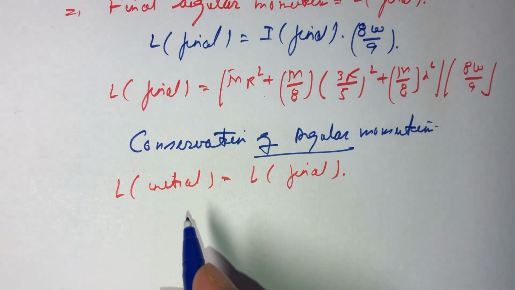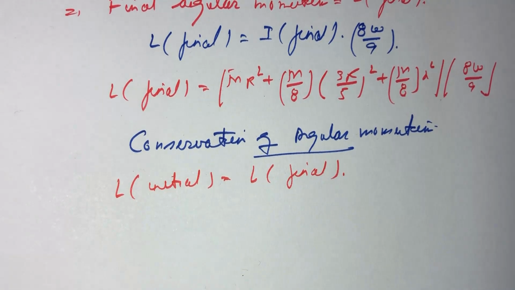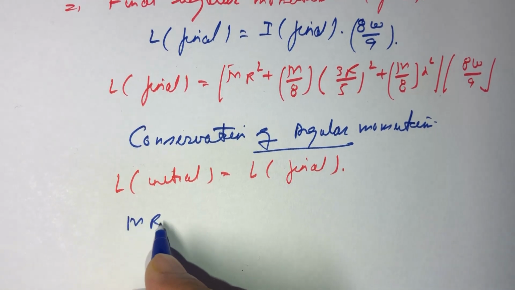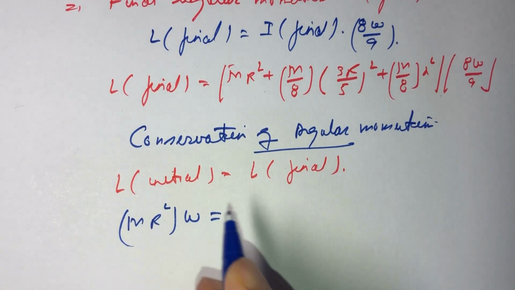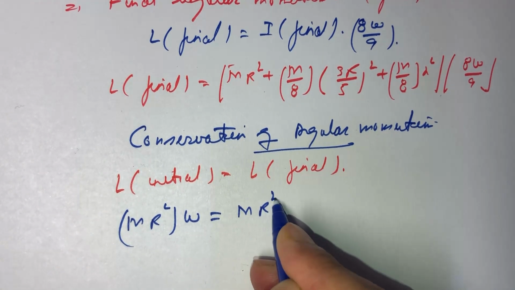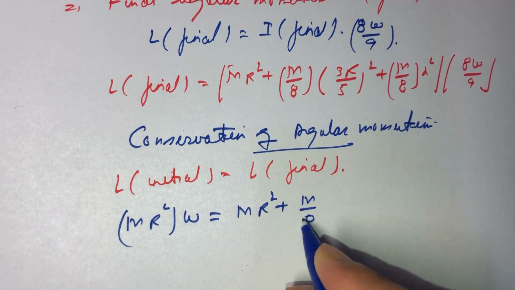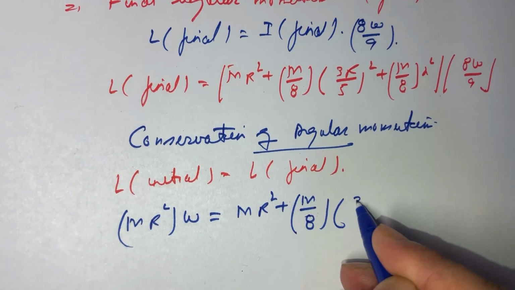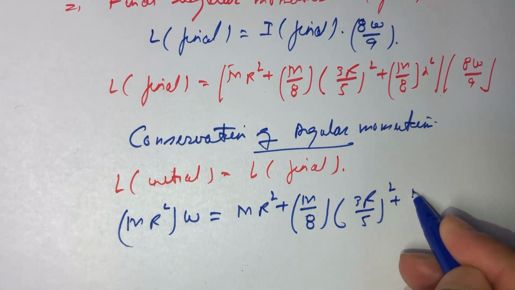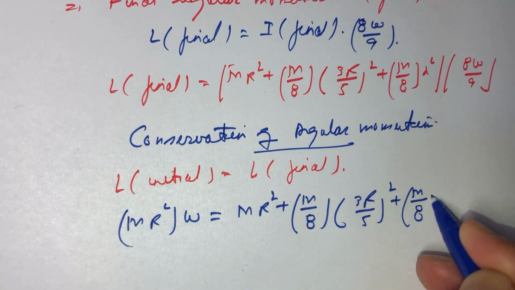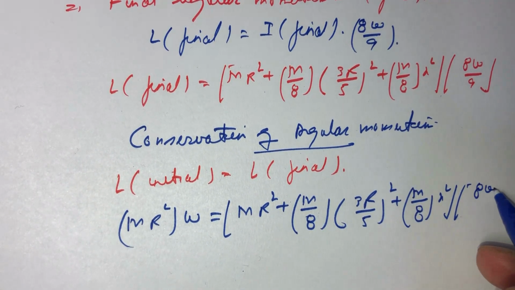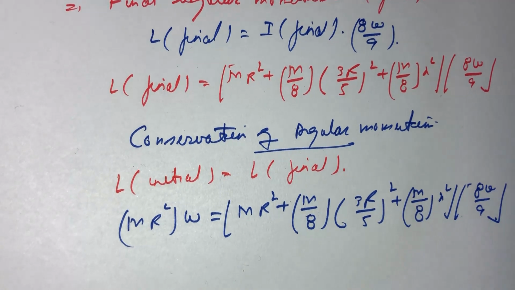Initial angular momentum is our mr square omega, and final angular momentum is our mr square plus m by 8 times 3r upon 5 whole square plus m by 8 x square, and multiply by 8 omega by 9.